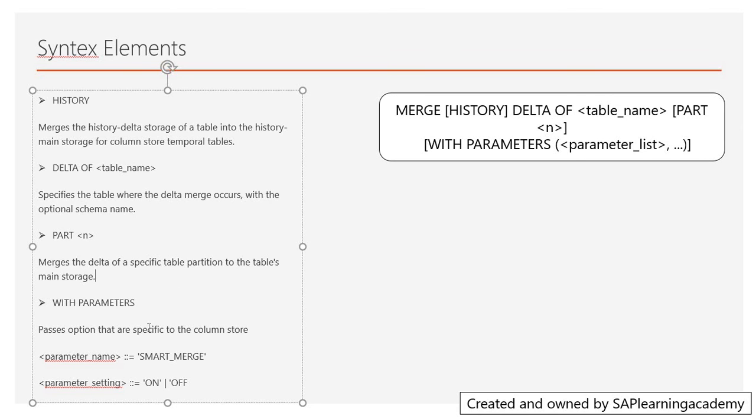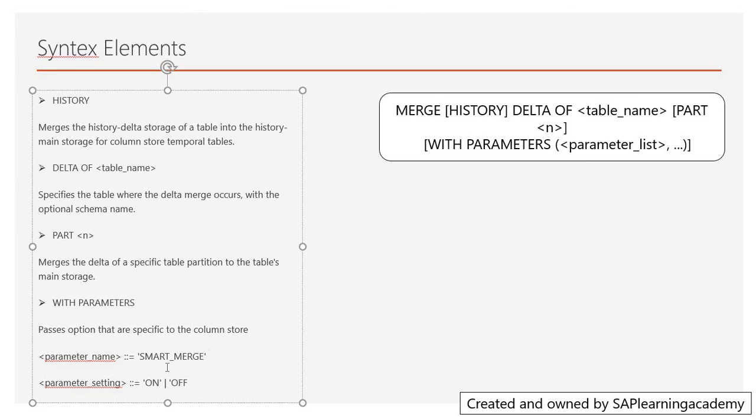And with parameter means it passes options that are specific to column store. So it is like a parameter list. Suppose you don't want to transfer all the data, if you want to transfer some part of the data, some list, then you can specify that. And in the parameter you have two more options, that is smart merge on and off.